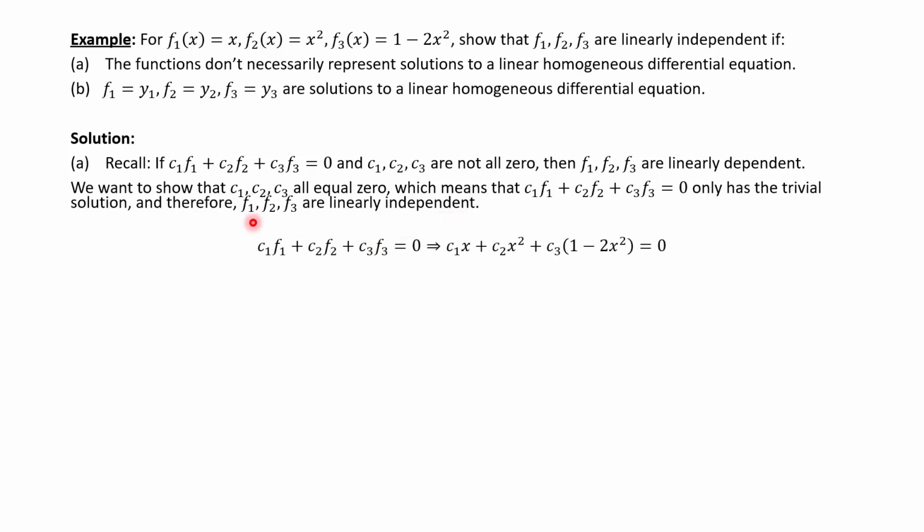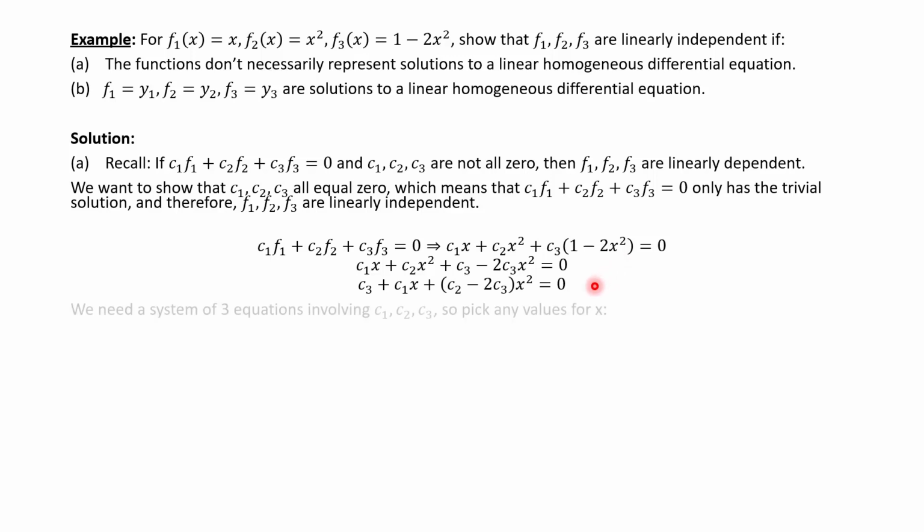So we're basically using our fact about dependence and doing the opposite of it. We're trying to show that these coefficients are all 0 so that we get independence. Okay, so taking our equation, our linear combination here, we're just filling in what we're given. This was f1, this was f2, and this was f3. And let's just do a little bit of simplifying. Okay, distribute, and a little bit of rearranging. And so what we have here, we're trying to figure out what c1, c2, and c3 are. And so we have 3 unknowns.